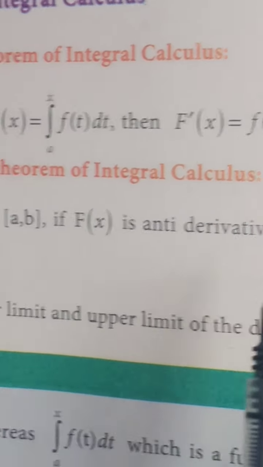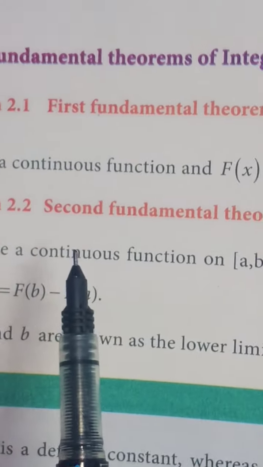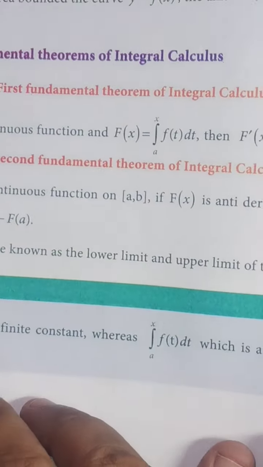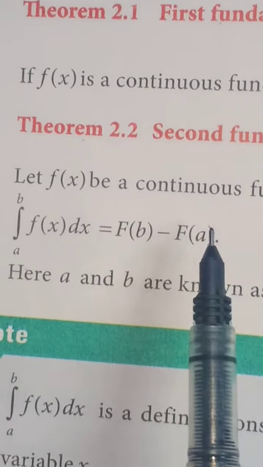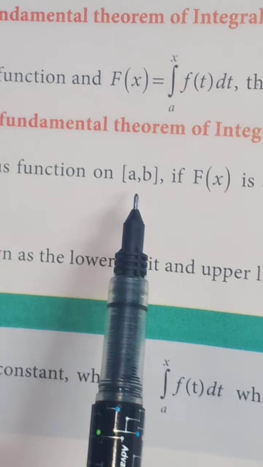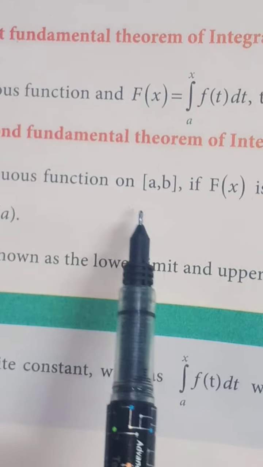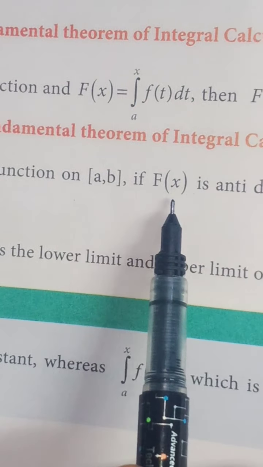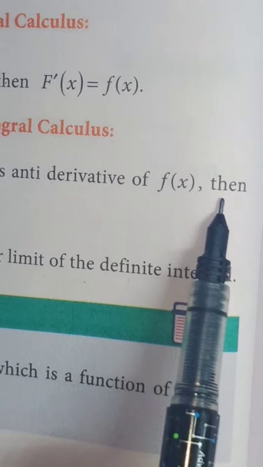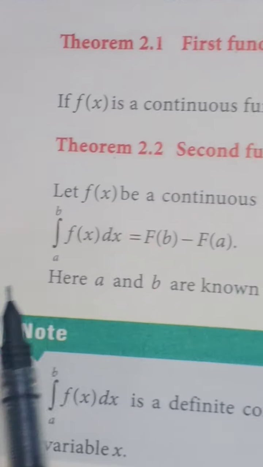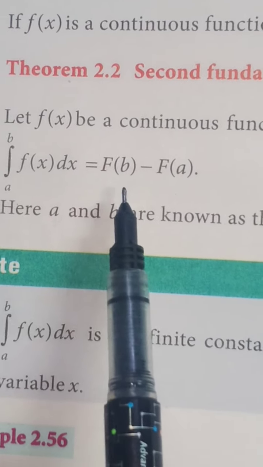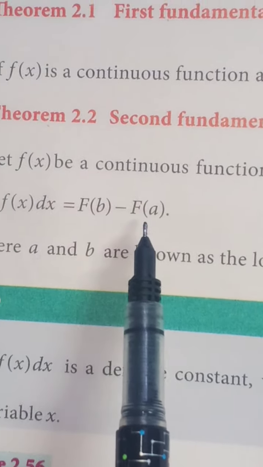Particularly in this exercise, we are going to study about the second fundamental theorem of integral calculus only. Let f of x be a continuous function from a to b. This is the starting one and the ending one. If capital F of x is antiderivative of f of x, then integral a to b f of x dx is equal to F of b minus F of a.